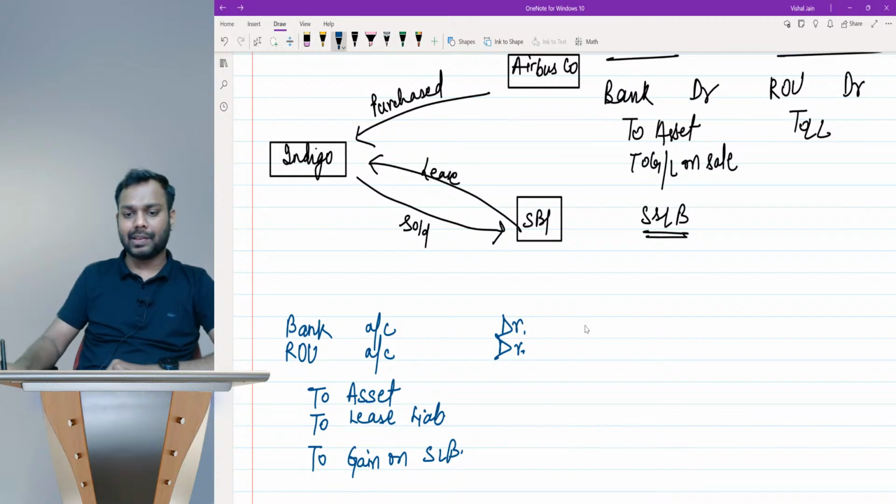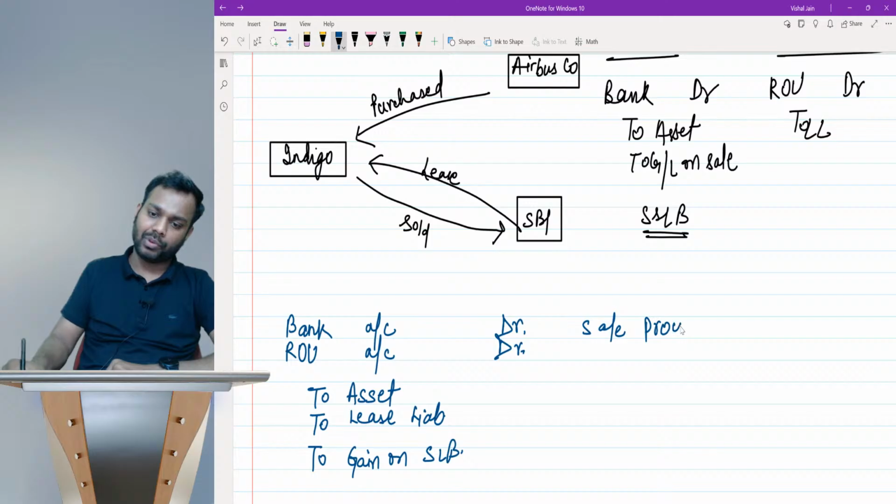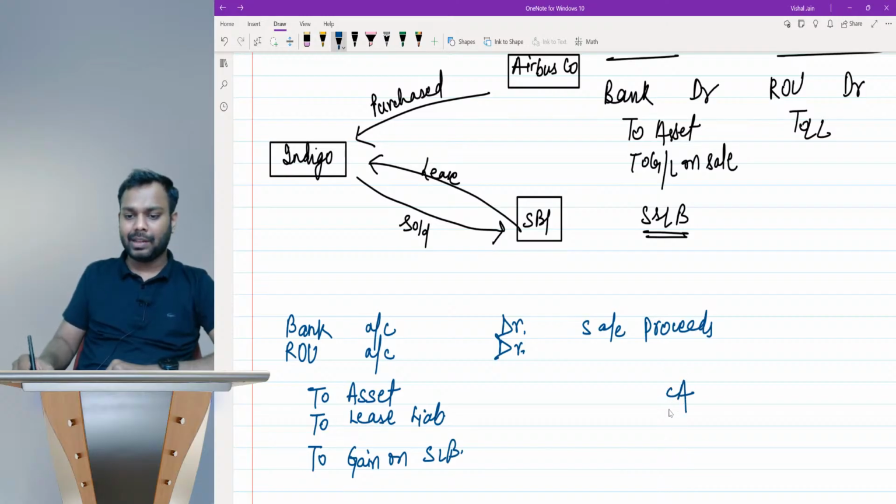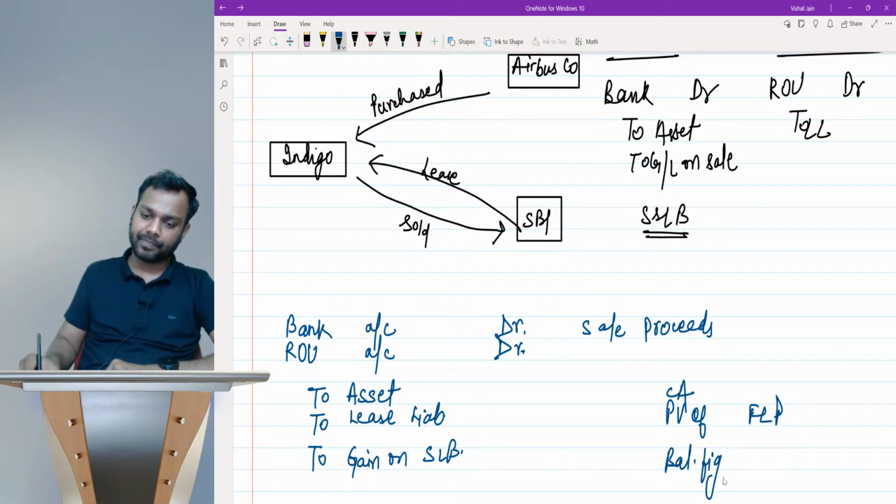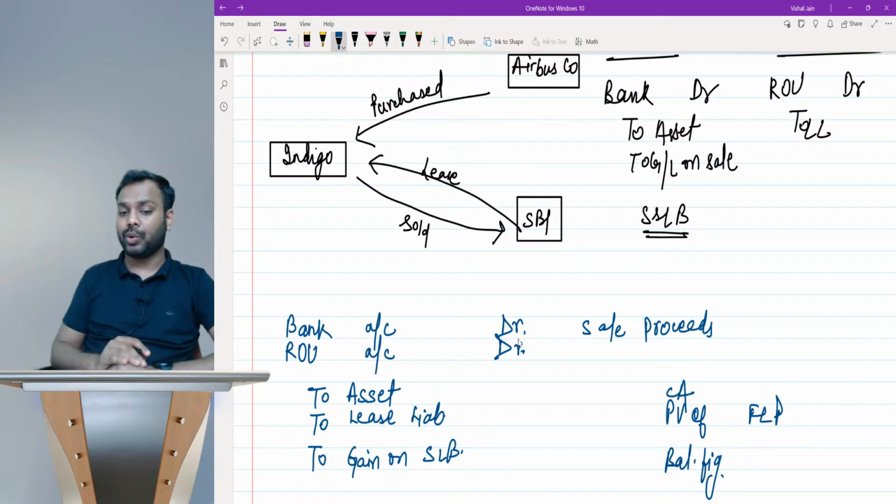Bank is the sale proceeds, right? ROU we will discuss. Asset is derecognized at its carrying amount. Lease liability is the present value of future lease payments. Gain on sale and lease back is the balancing figure, right? Now what is the ROU asset?